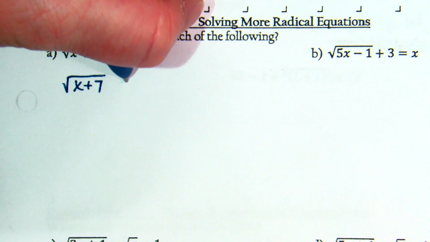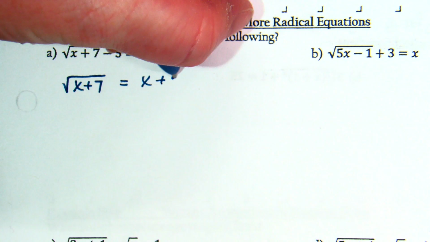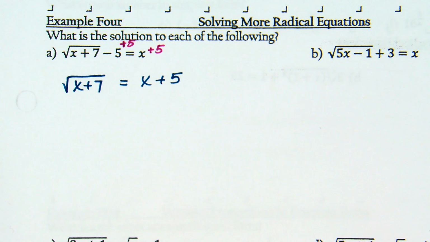Minus 5 plus 5 will cancel. On the right, what is x plus 5? X plus 5. Because one's an x and the other's a constant, they can't be added. It's just x plus 5. Okay. Is my radical by itself? Yes, right? Radical is by itself.